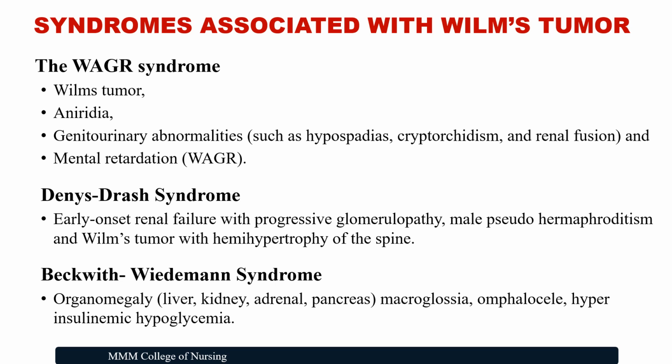Second syndrome is Denys-Drash syndrome, that is early onset of renal failure with progressive glomerulopathy, male hermaphroditism and Wilms tumor with hemihypertrophy of the spine. Next syndrome is the Beckwith-Wiedemann syndrome: organomegaly, macroglossia, omphalocele, hyperinsulinemic hypoglycemia.